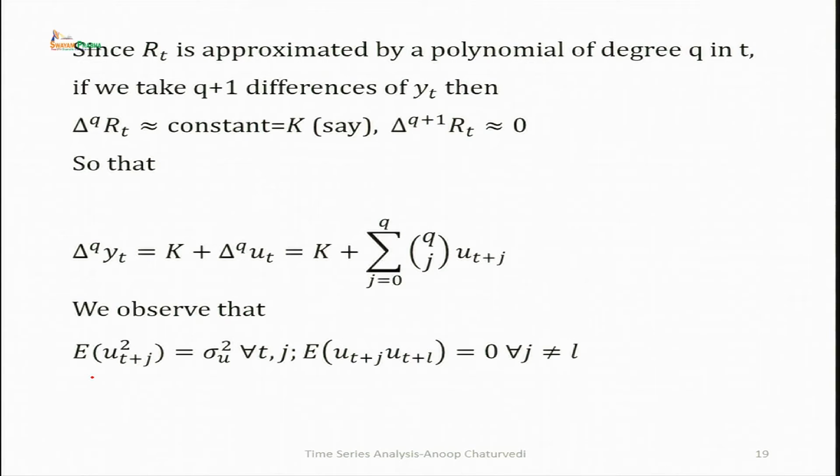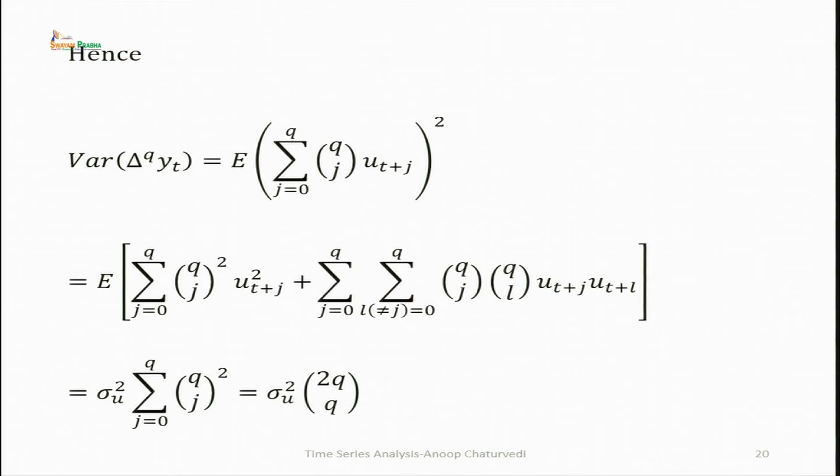Expectation of u square t plus j is equal to sigma square u for all t and j, and expectation of u t plus j u t plus L is equal to 0 for all j not equal to L. Now, you can easily obtain the variance of delta q y t, which is equal to expectation of summation j equal to 1 to q, q c j u t plus j whole square.